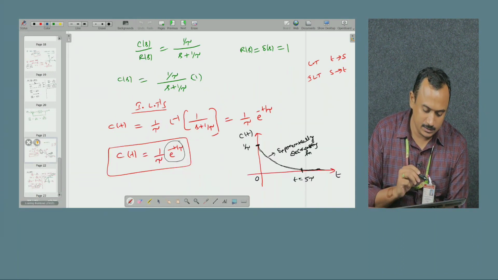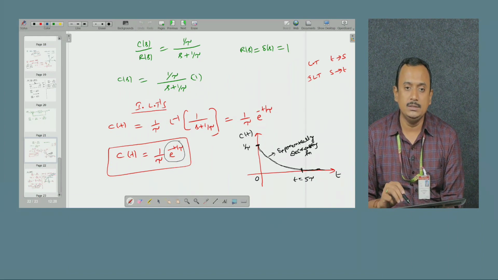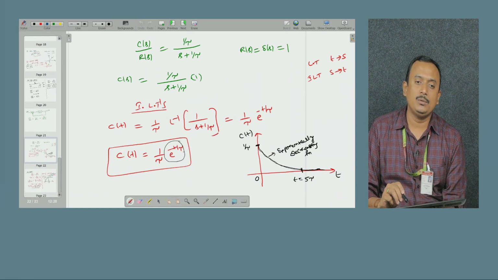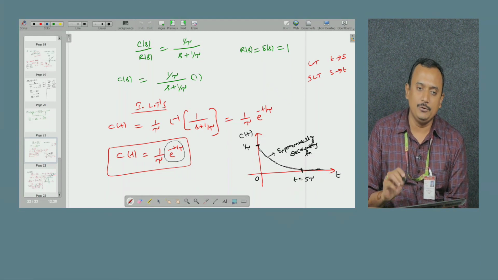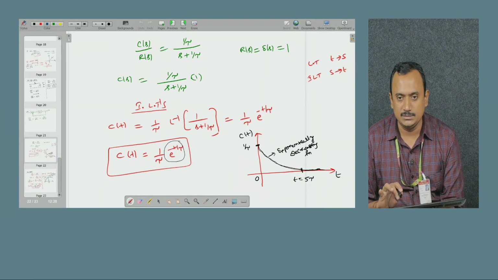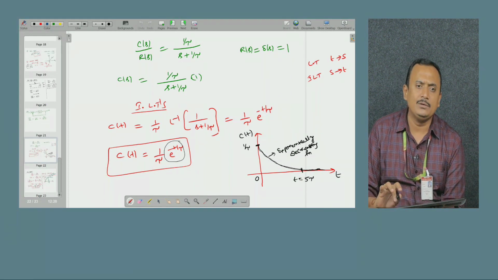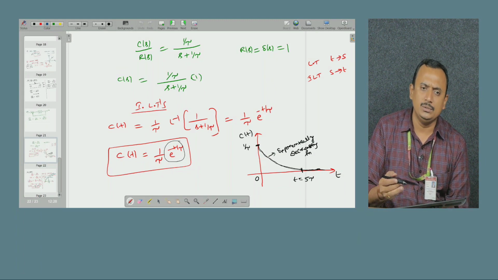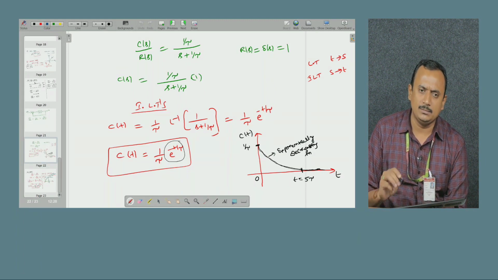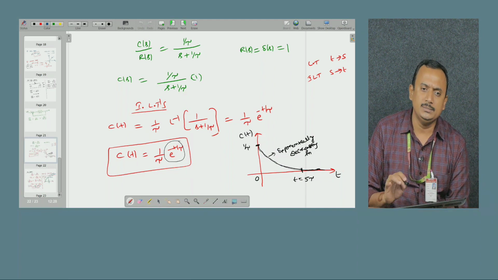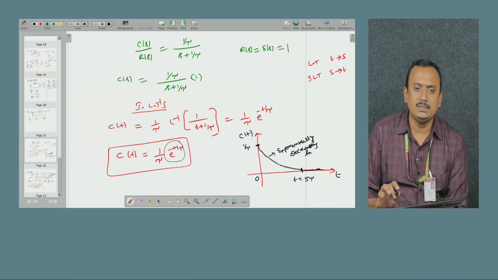Previously, you see, you have the term alone e power minus something. If you have the term alone e power minus something, whatever the magnitude is, the magnitude may be 2 into e power minus t by tau, 3 into e power minus t, whatever it is, right? But the term is alone e power minus t by tau.